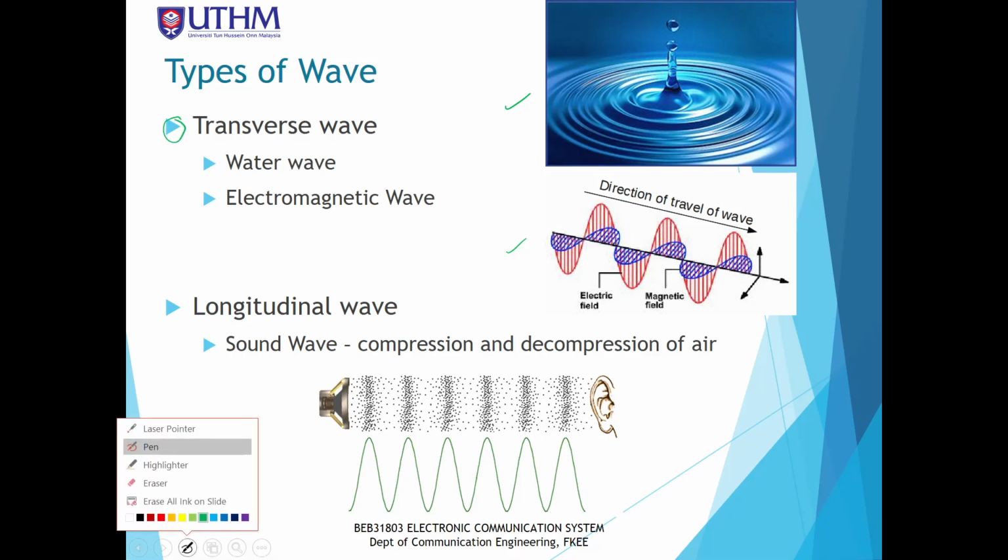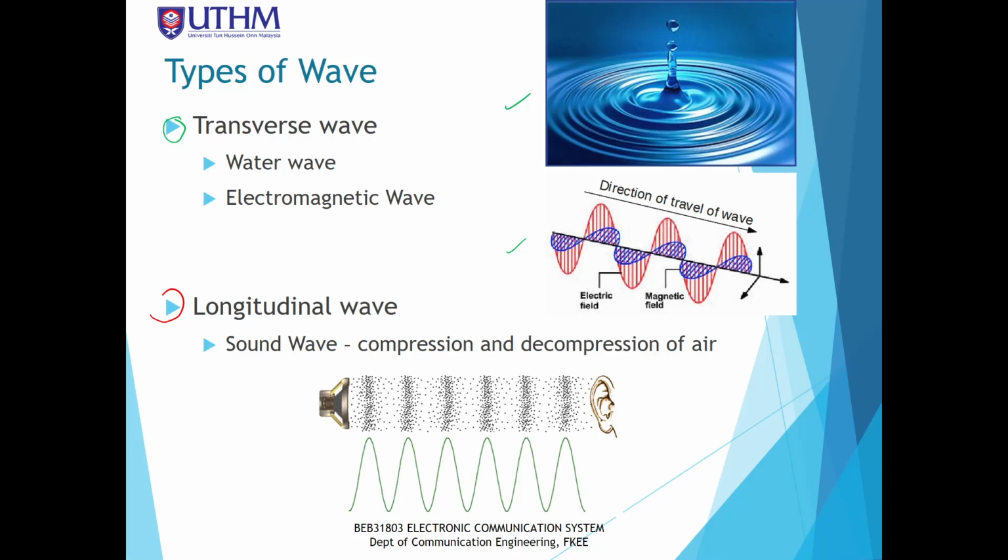Transverse wave means that the wave oscillates perpendicular to the direction of the propagation. Another one is what we call a longitudinal wave. An example of a longitudinal wave is the sound wave, which is constituted of compression and decompression of air.